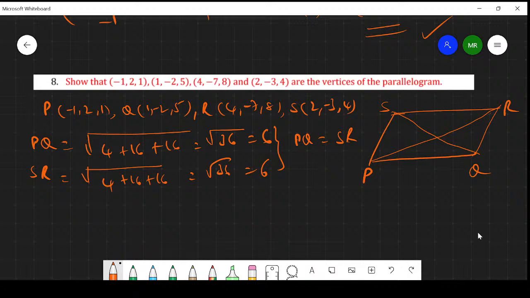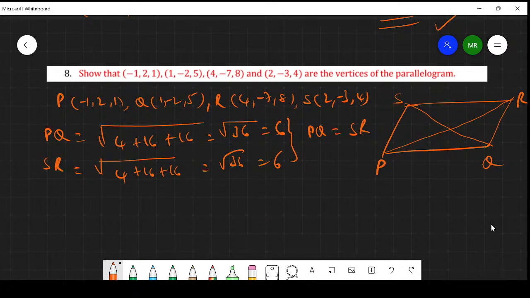Next you find QR and PS. What is QR you can find? When you are finding QR, find the distance between Q and R. You can see this is the point Q, this is R. Use the distance between 2 points formula.